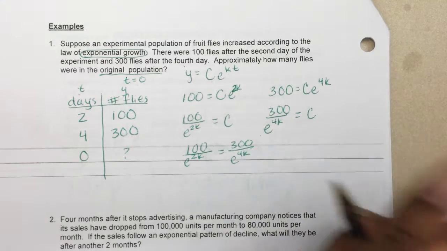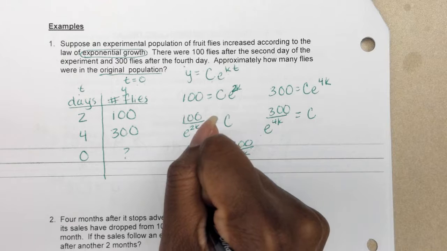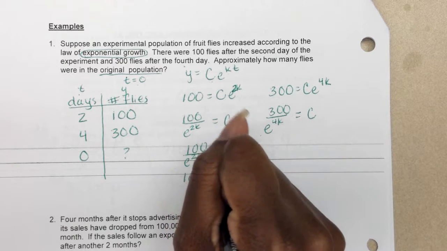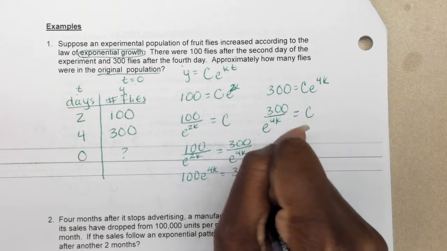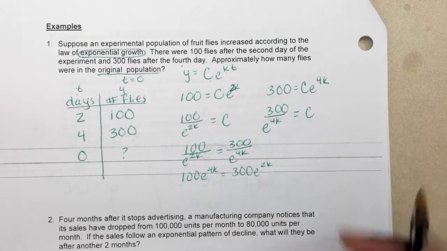We can cross multiply and divide here, so we get 100 e to the 4k is equal to 300 e to the 2k.